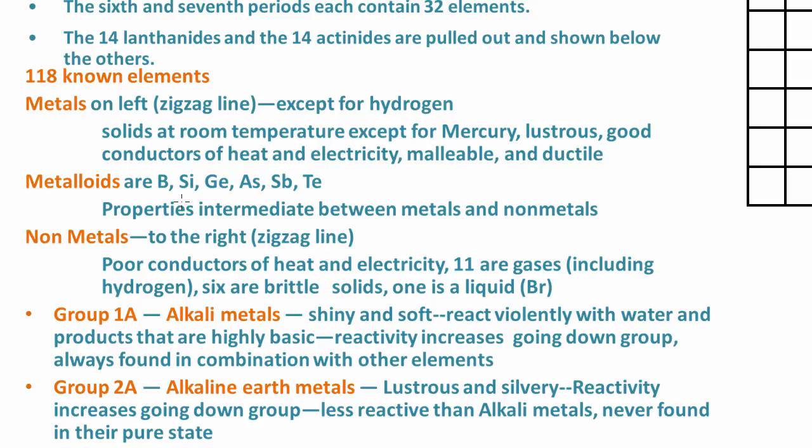For example, silicon, it has a very shiny, lustrous surface like most metals, but it is very brittle. And just like a nonmetal, it is not a good electrical conductor. Its conductivity lies somewhere between a metal and a nonmetal. So we know that silicon is known as a semiconductor.